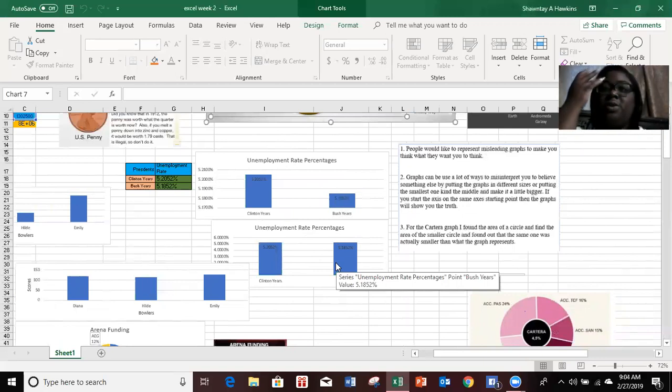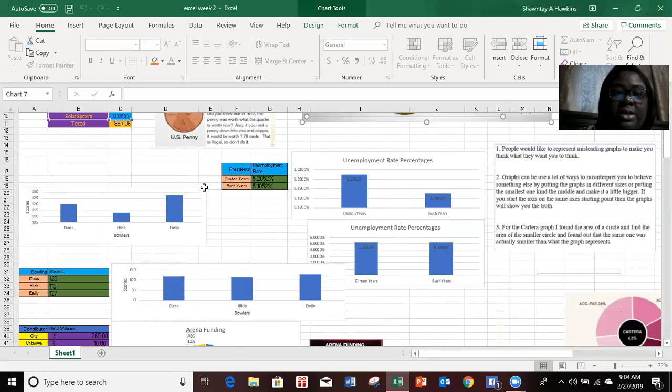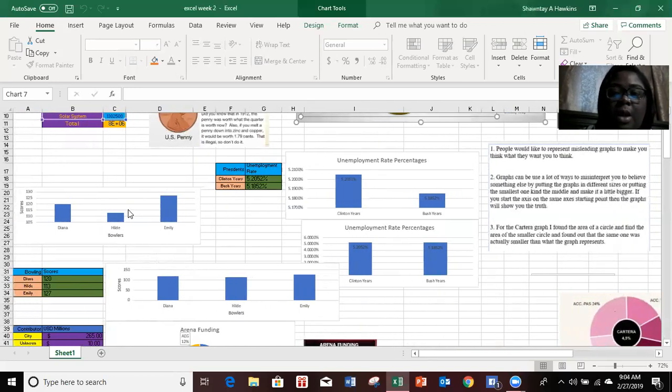So that's why graphs can be used in a lot of ways to mislead you to believe something else, by putting the graphs in different sizes, or simply, just like this, we put them in different sizes. See this here.